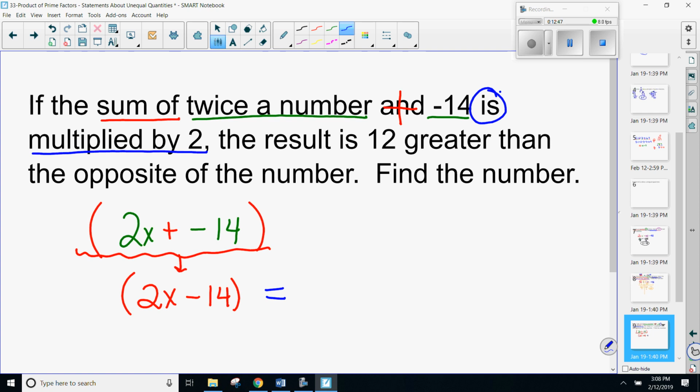So in this case, the word is does not mean equal to. What does it mean? The sum is multiplied by 2. So we have to take the sum and multiply it by 2. Now we have the result is. So now I have another is, and that one's actually meaning the equal sign.